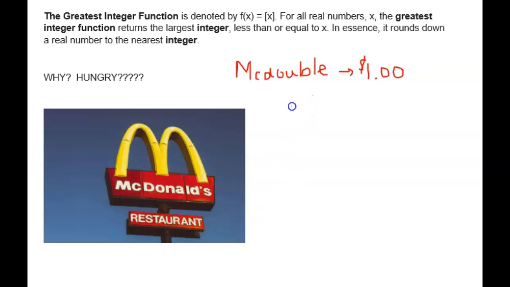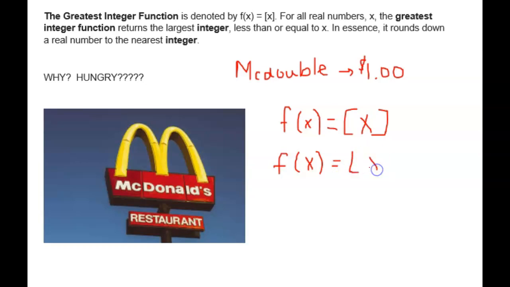Let's look at this. So here's your pockets. I know my McDouble's $1. I can say, the greatest integer function is equal to f of x, or the greatest integer of x, and I denote that by brackets. Another way that I can write the greatest integer function is, because I'm going to be rounding down, I can denote the brackets going down like this.